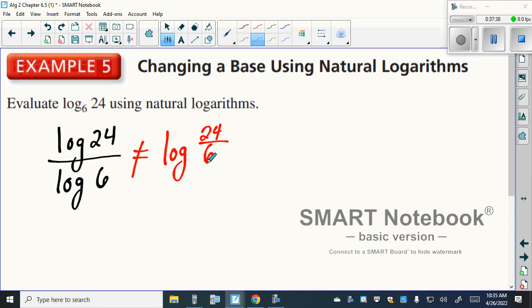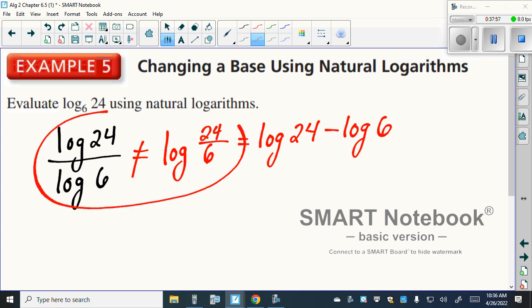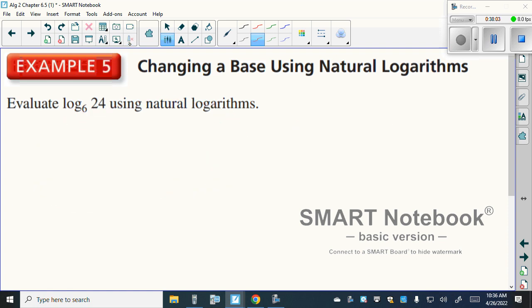These are not the same thing, because our division of 24 over 6 here is actually the same as log of 24 minus log of 6. Did y'all see that distinction here? It is very common, I've seen it before, that we want to try to connect these two. It just does not work out. I just wanted to point out that those aren't the same.